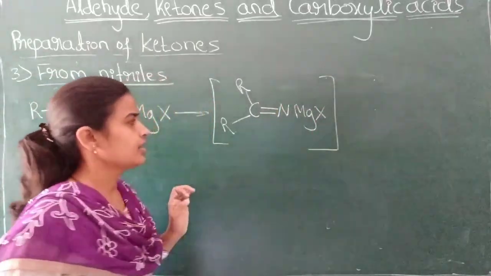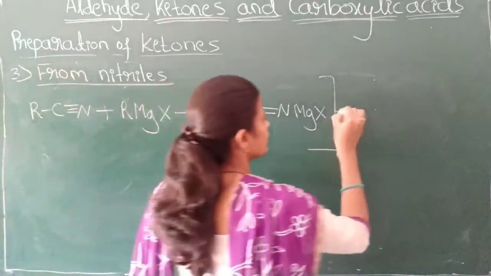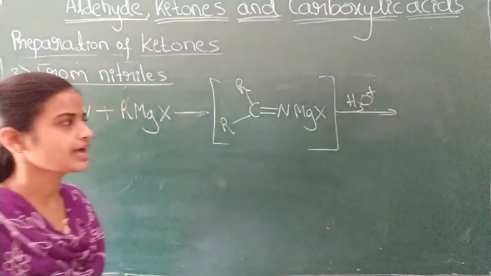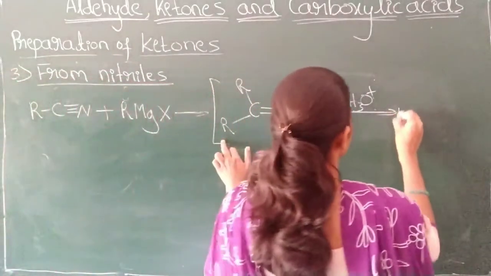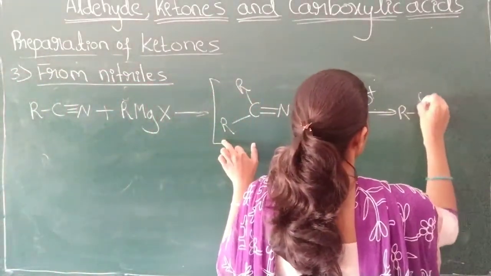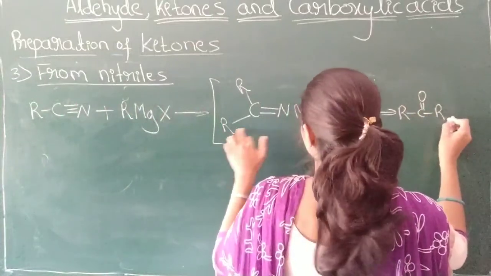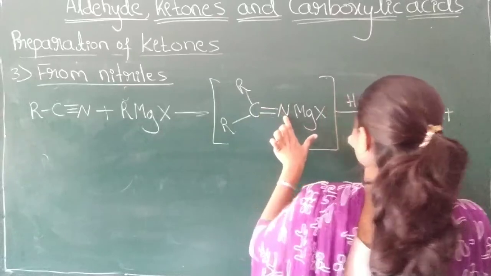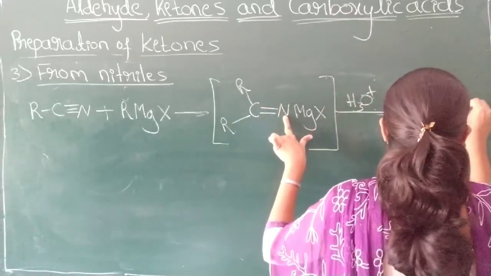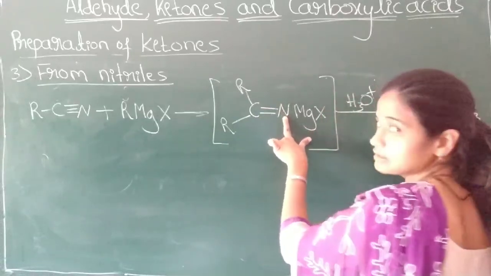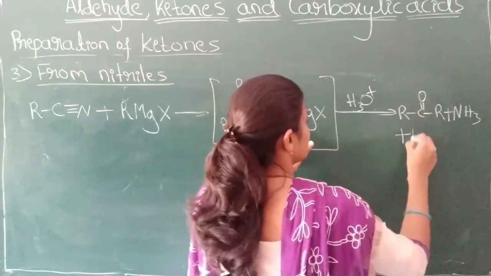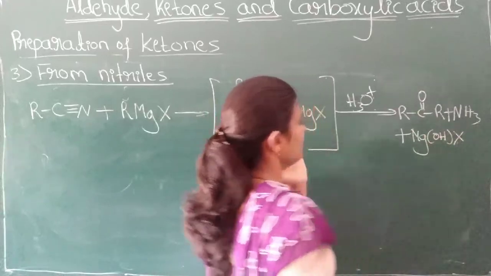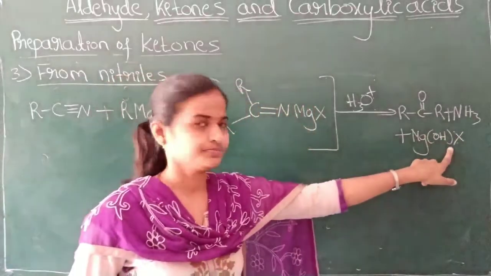This is the unstable product, which on acid hydrolysis forms R-C(=O)-R, this much bond retrieval takes place, and the nitrogen takes 3 hydrogens to eliminate as ammonia, and Mg takes hydroxide to form magnesium hydroxide halide.